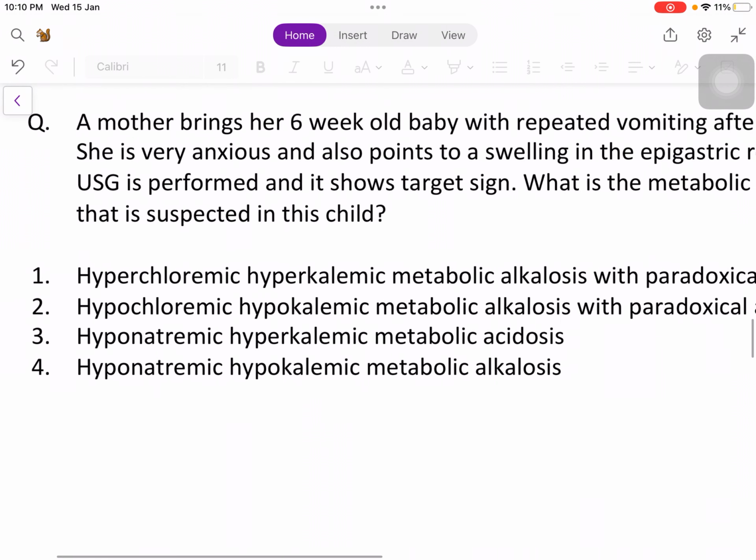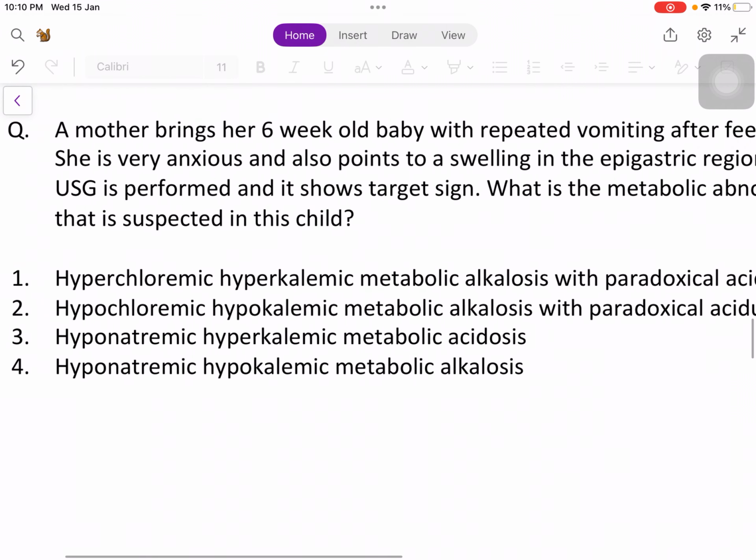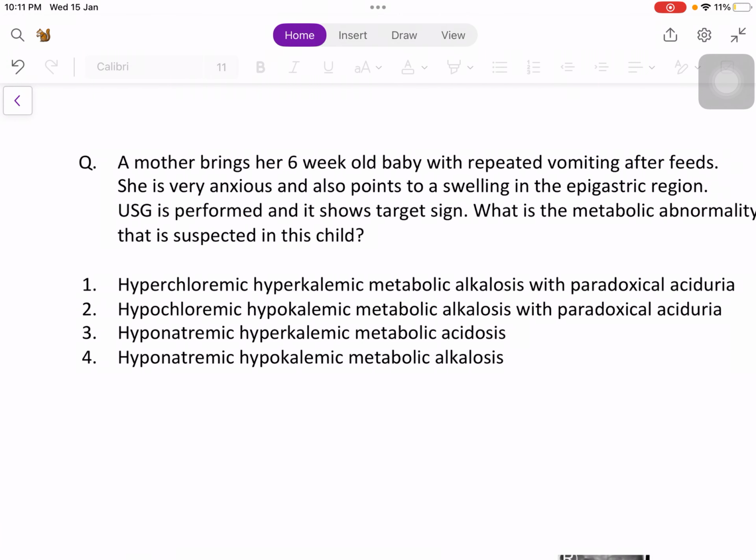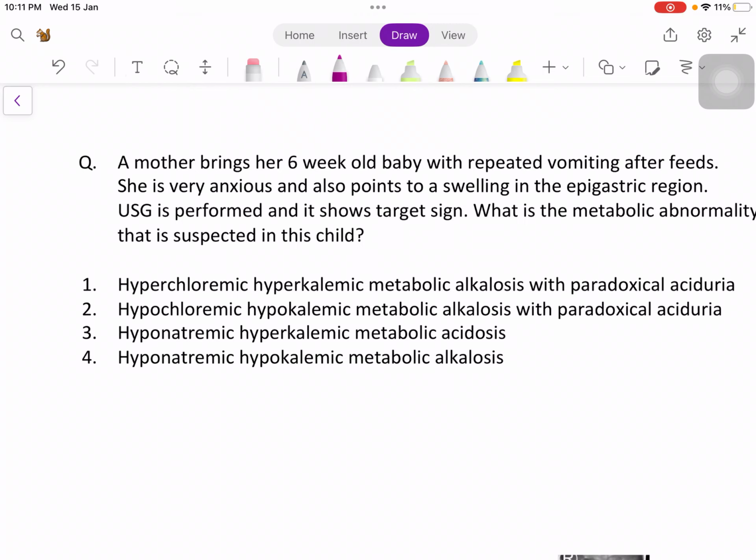So it is very difficult to remember the metabolic abnormality. So how I used to remember it is just first remember there is something paradoxical. The word paradoxical has to be there. Okay. So the word paradoxical you have to remember, and then we'll remember that the vomiting is happening from the stomach.